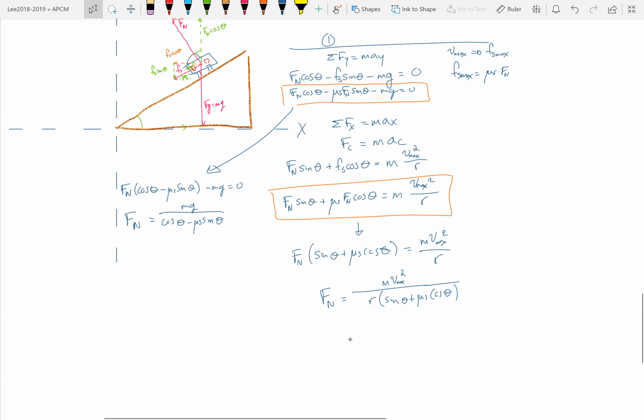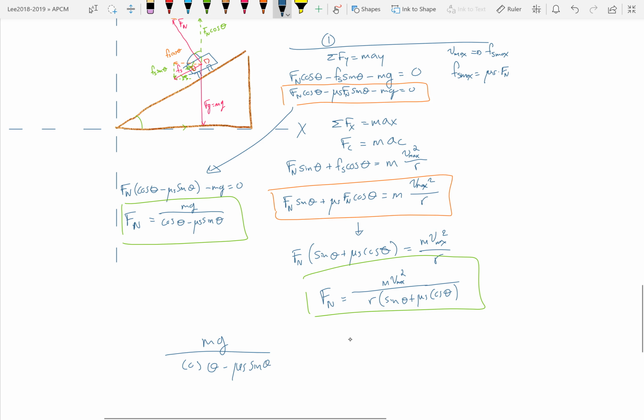Okay, these two guys in green are both equations where Fn is equal to something, so I'll set them equal to one another. So I have mg over cosine theta minus mu s sine theta equals mv max squared over r times sine theta plus mu s cosine theta.